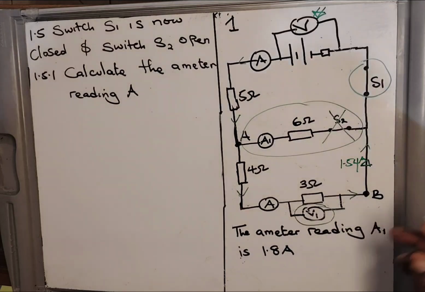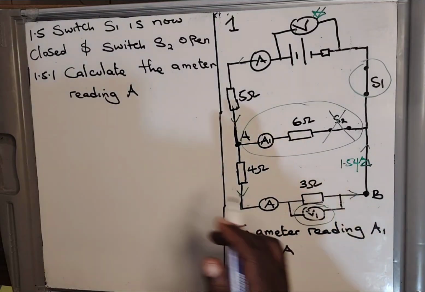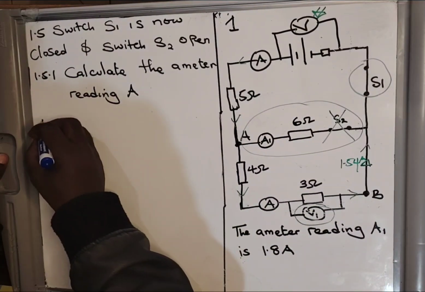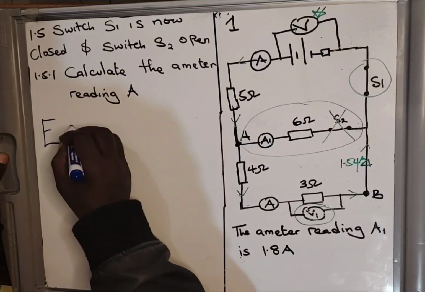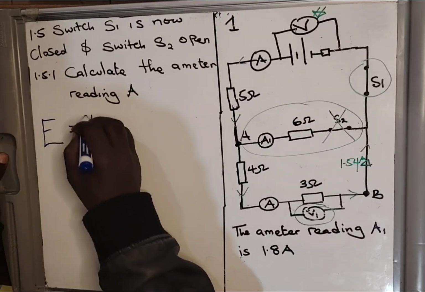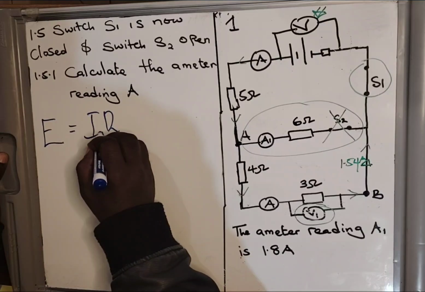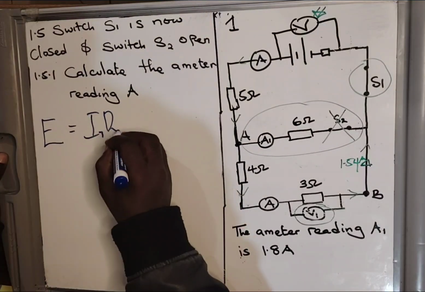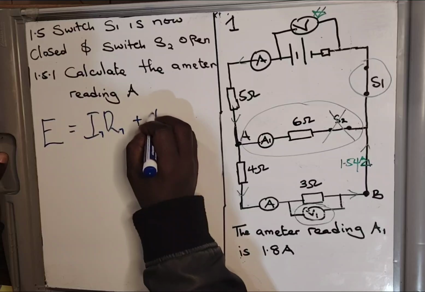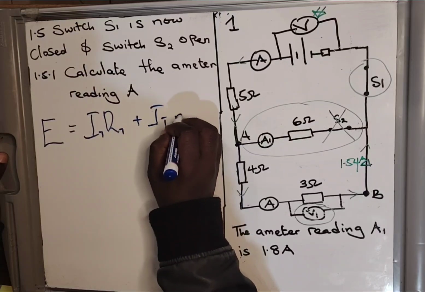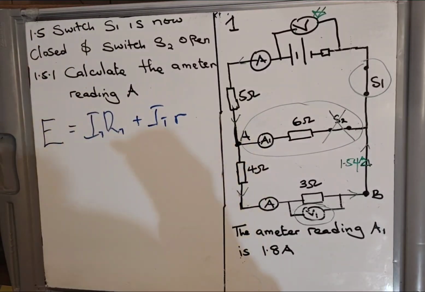So that's a dead end. So under the circumstance, when you're having a dead end, what do you do? You reach for the general equation, which says EMF is equal to I R, which is going to be I total for this case, times R total plus I total times internal resistance. This is our savior this time around.